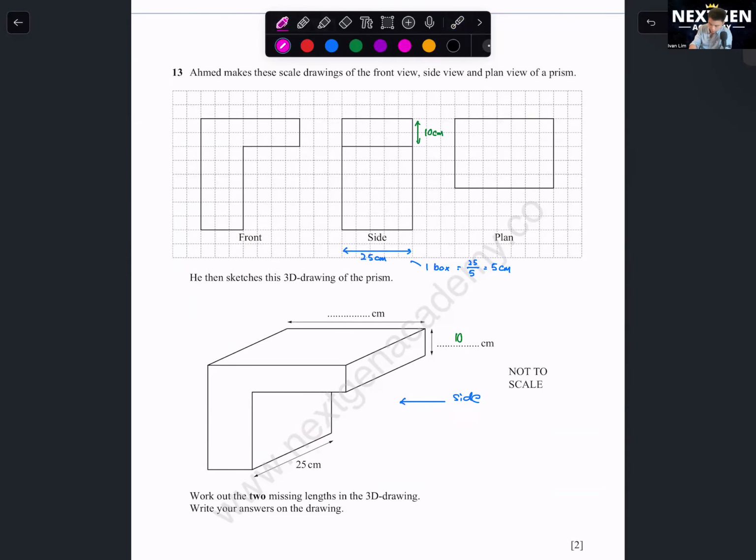Here got 7 boxes. So 7 boxes means 7 times 5, which is equal to 35 cm. Okay, so this is a question on shape and also on scale. This is a scale type of question.